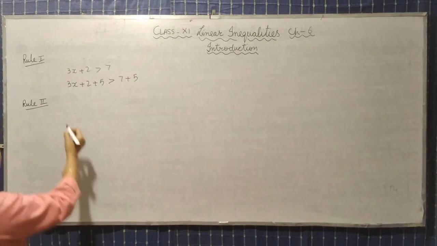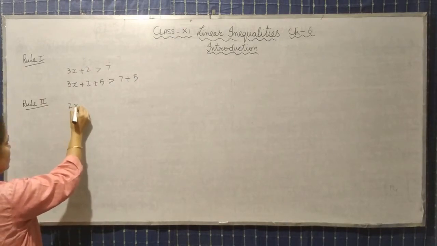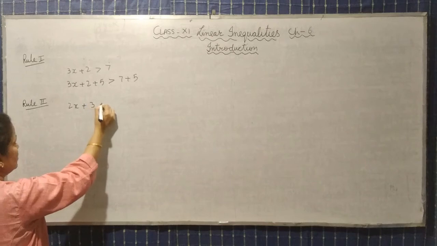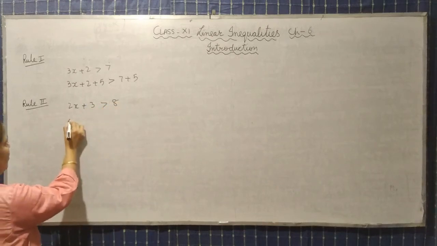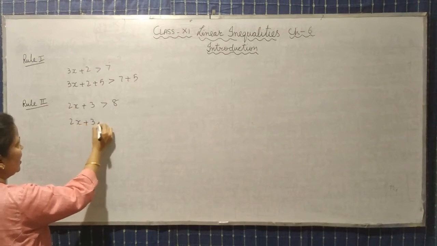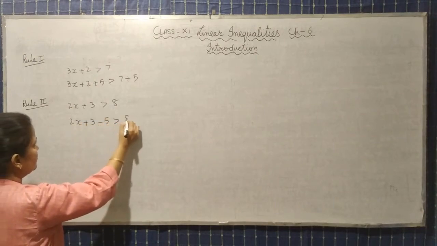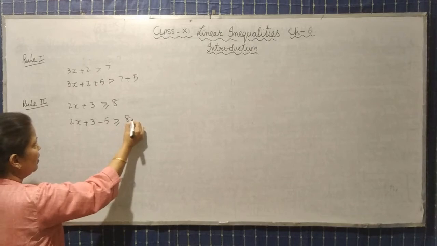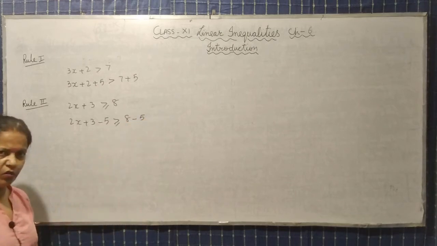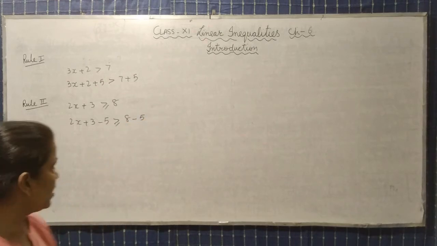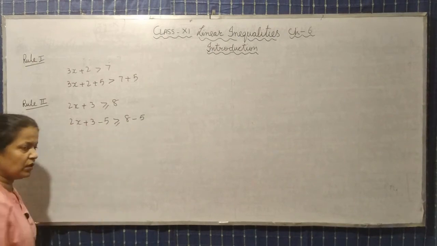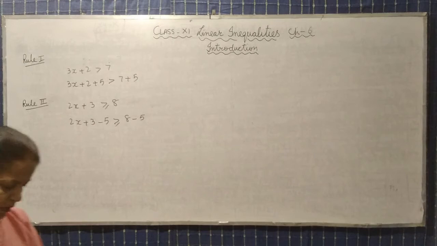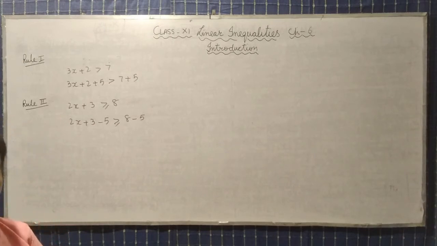So rule 2, suppose that this is the inequality, and if we subtract the same thing from both sides, let it be greater than or equal. This is also an inequality. So we have subtracted the same thing from both sides, then also there will be no effect on the inequality.